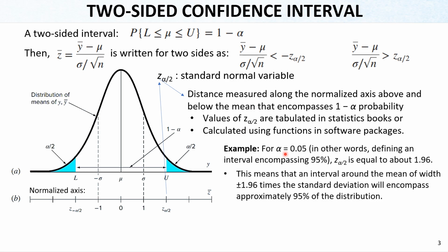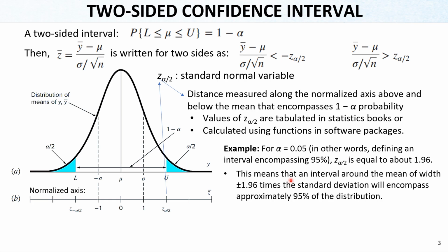As an example, let's say we have alpha 0.05. In other words, defining an interval encompassing 95%, that I mentioned in the previous slide as well. And z alpha divided by 2 is equal to about 1.96 from the tables or software package. If you enter 95% or alpha equals 0.05, it will give us this z value.